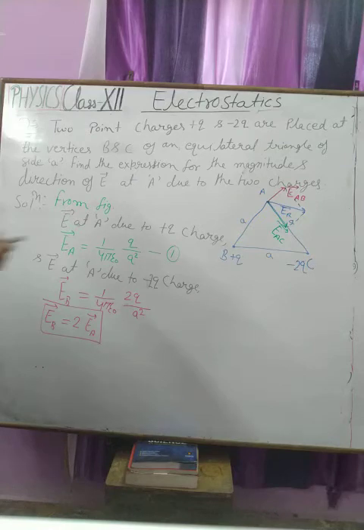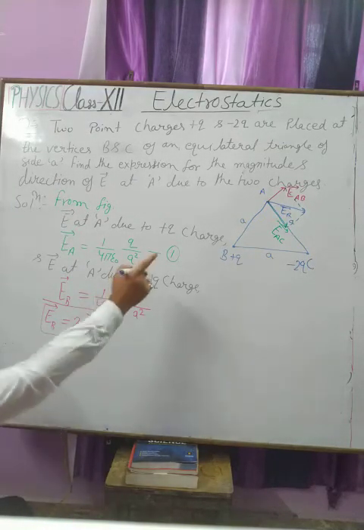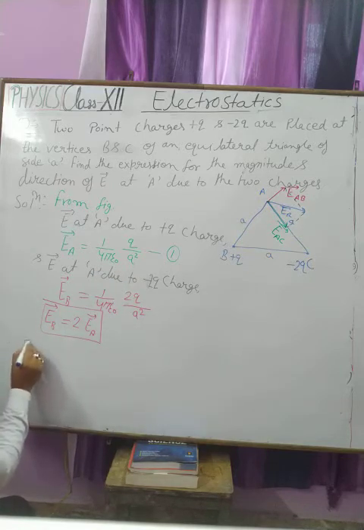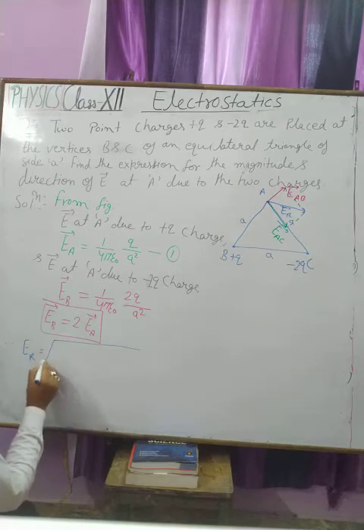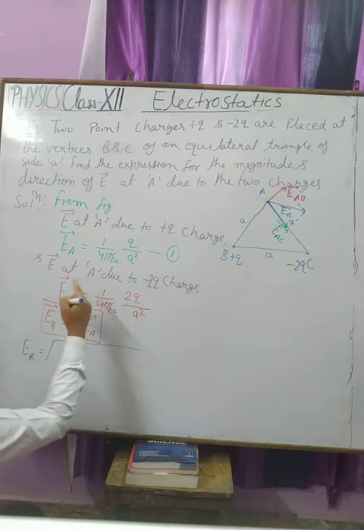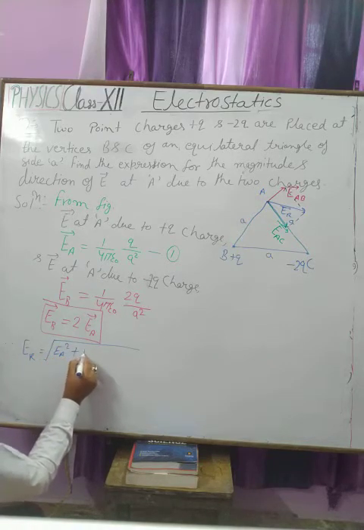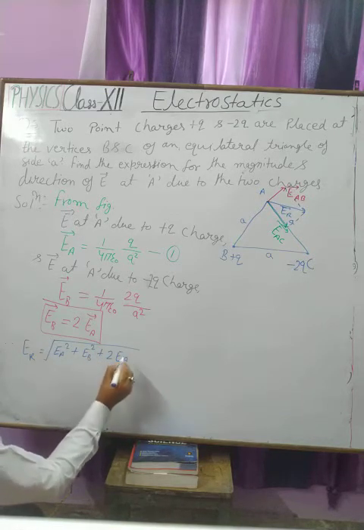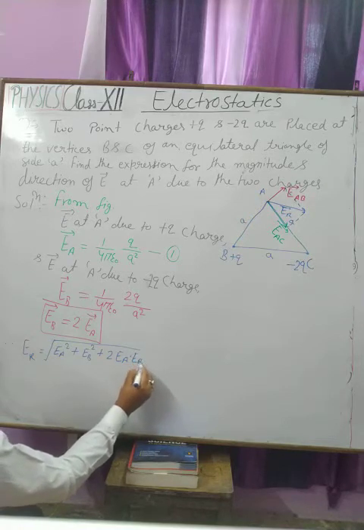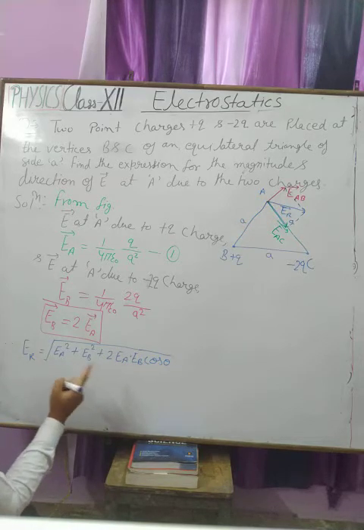So the resultant electric field is given by the square root of EA square plus EB square plus 2EA EB cos theta.